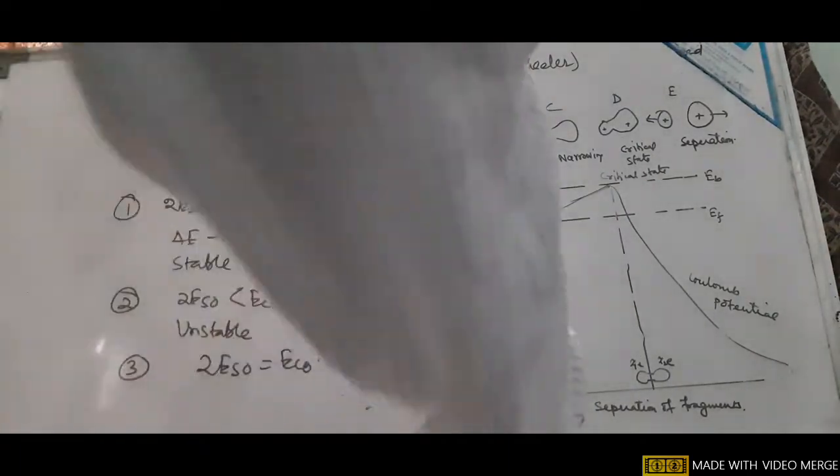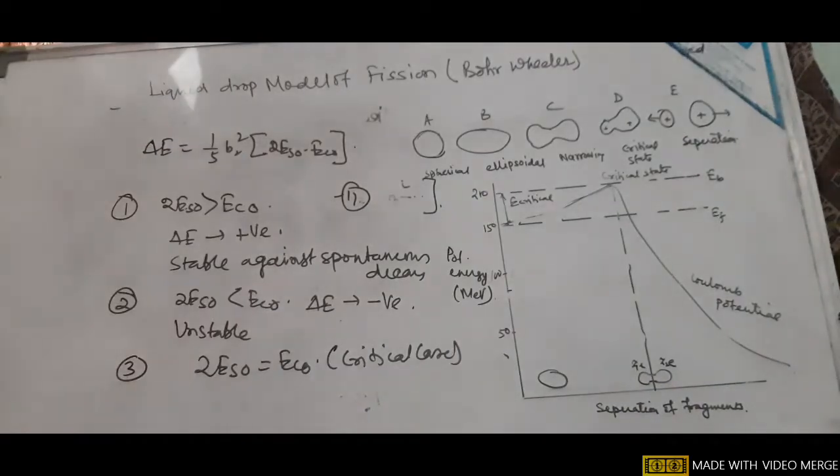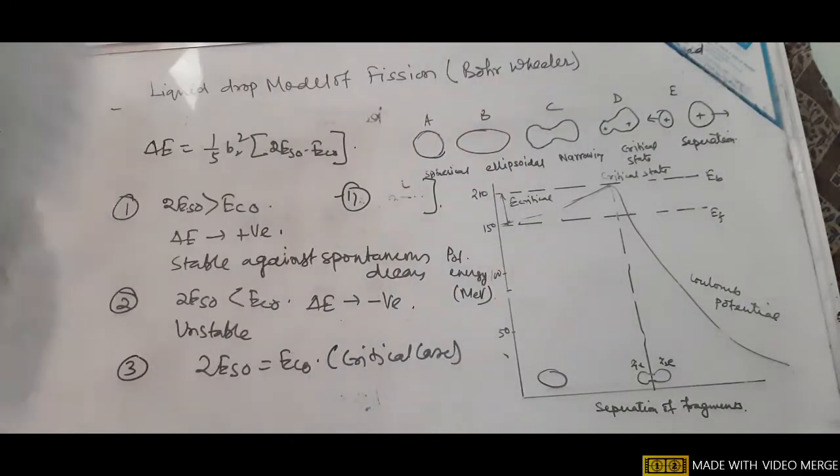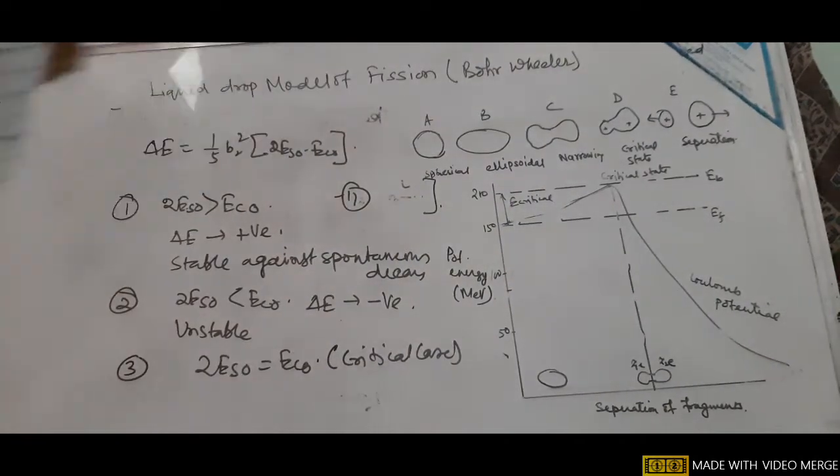And gradually when the nucleus is hit by the slow moving neutron, then the oscillation goes on in the nucleus, and there is a distortion of the nucleus because of the oscillations inside the nucleus.